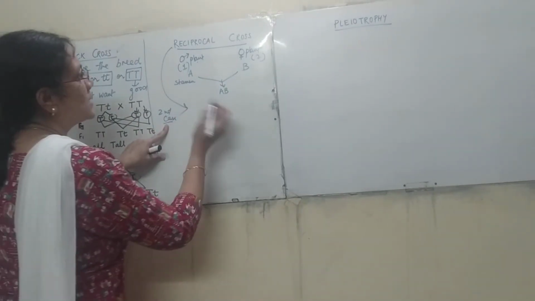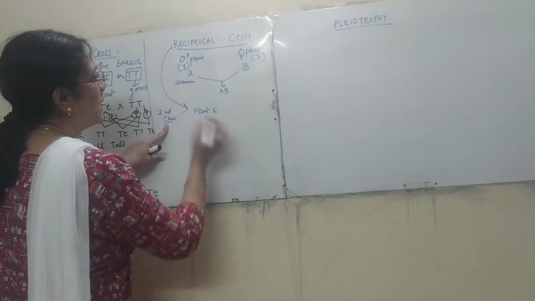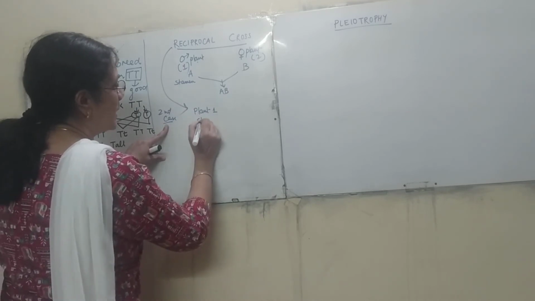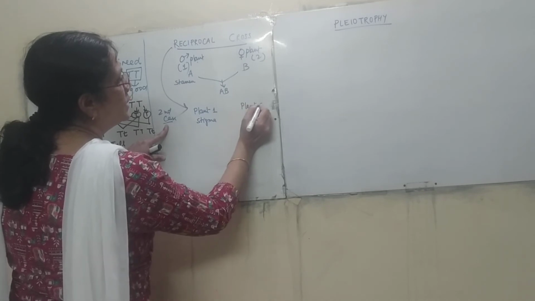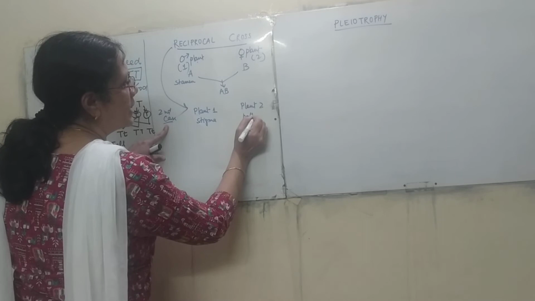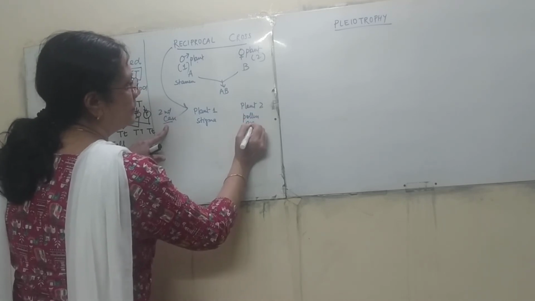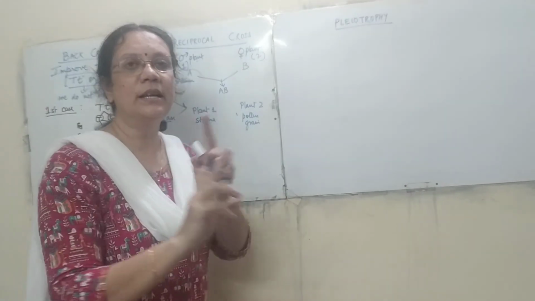But in the second case, plant number 1 is giving the stigma, and plant number 2 is giving the pollen grains, or rather the anther. Is it clear? So we are actually changing the plants.